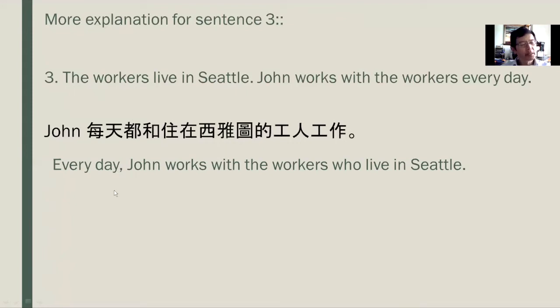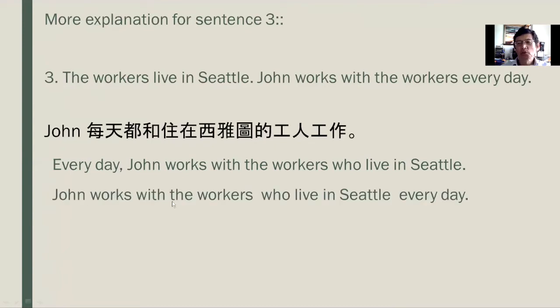Another way to put the clause together could be like this. John works with the workers who live in Seattle every day. Now, if you think about this sentence, it can be confusing. What does every day mean here? Is it the workers who live in Seattle every day?